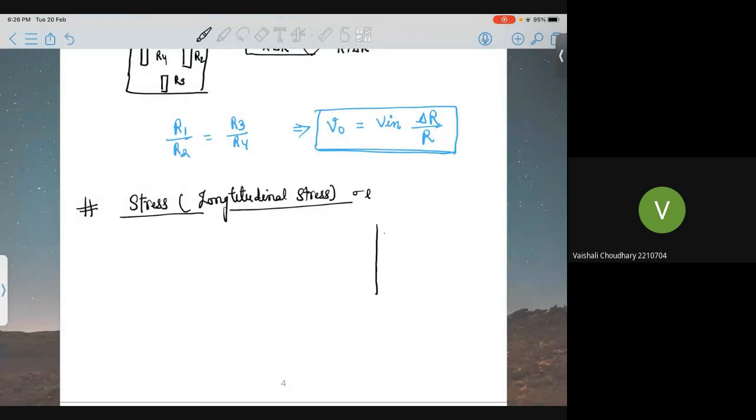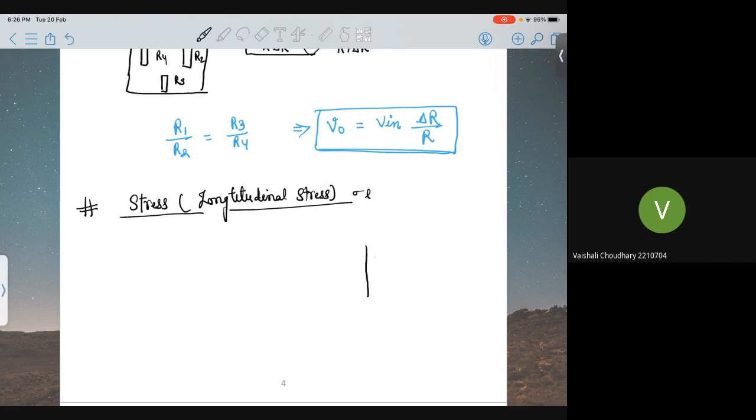Suppose we have a square membrane, it does not look like a square, we'll again redraw it.